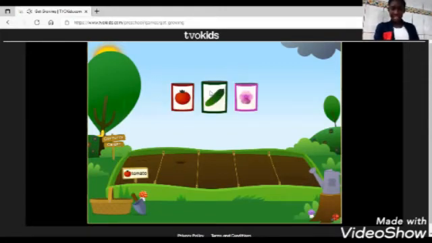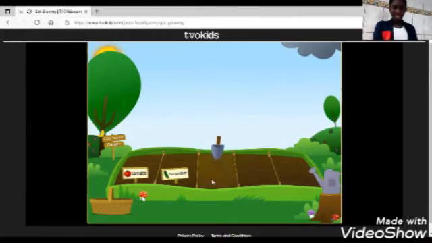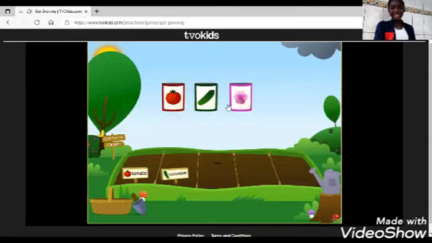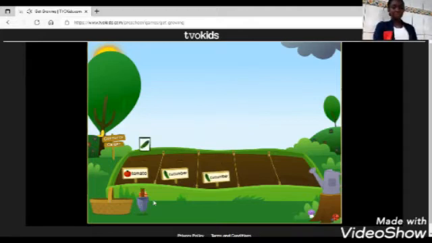There are so many things I can plant, so many seeds I can plant. This is very interesting. Oh my, Miss Emily would have planted tomatoes, cucumbers. I chose another cucumber to plant. Wow.